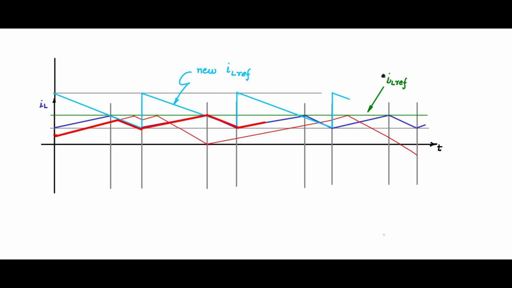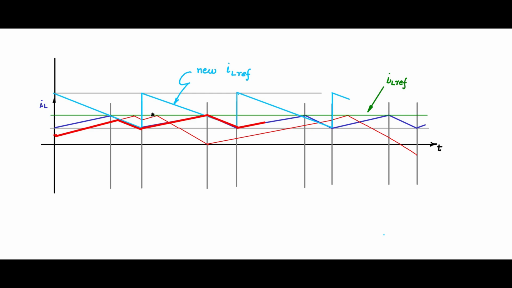This was the old IL ref. To this old IL ref, you have to compensate so that you have this kind of a slope. This is called slope compensation. Current control with slope compensation will give you the best results, where even if there are errors, they will be removed within a cycle and the system will be stable.